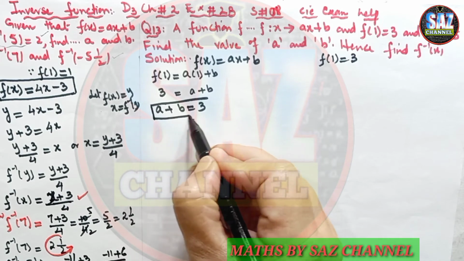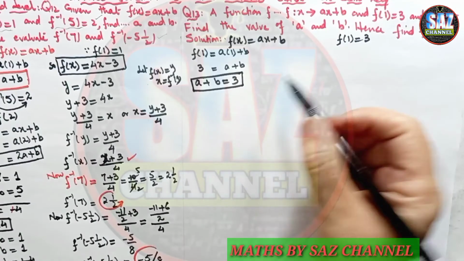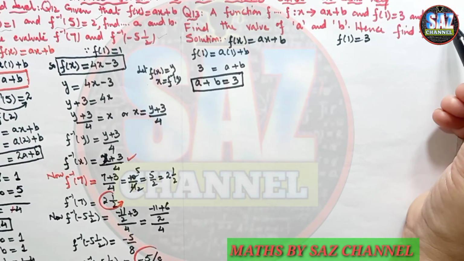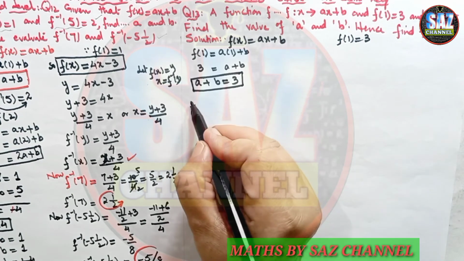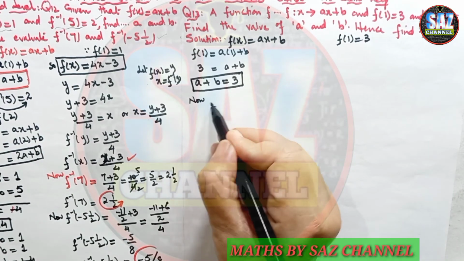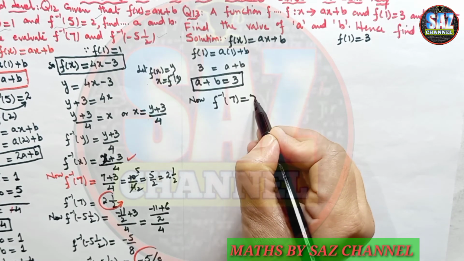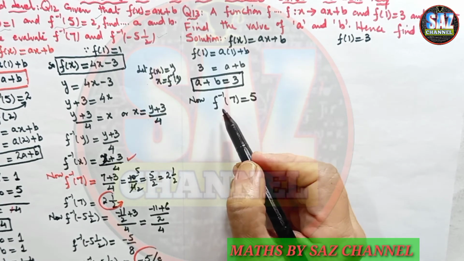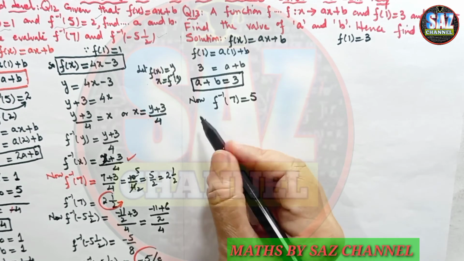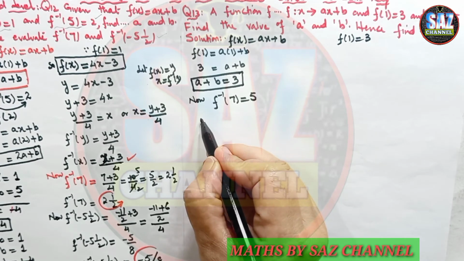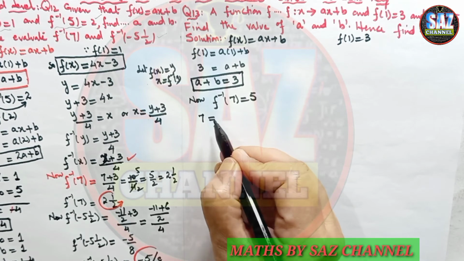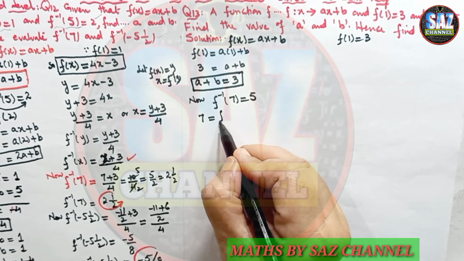Coming to the second condition, that is f inverse of 7 equals 5. This is the inverse condition given. It's better to turn it into a direct condition. So my equation will take the form 7 equals f of 5.